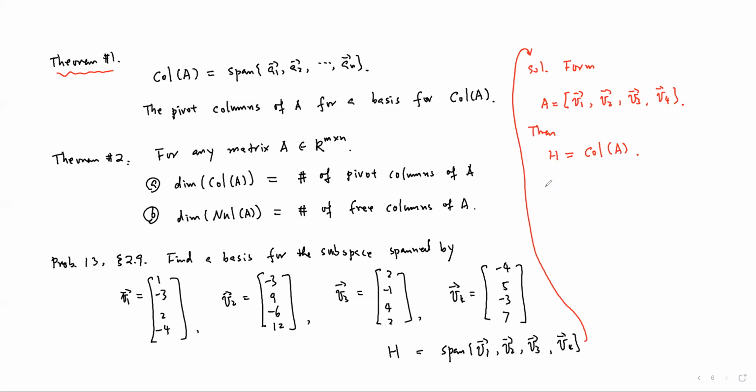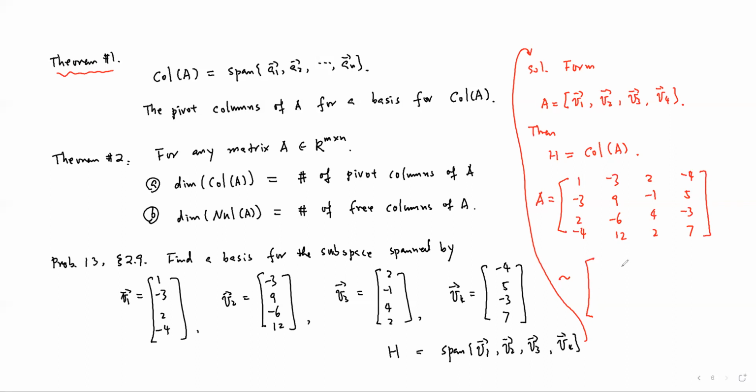Now matrix A in detail is 1, -3, V1, and -3, 9, -6, 12. I want to see which column is a pivot column, so I reduce the matrix A to echelon form.